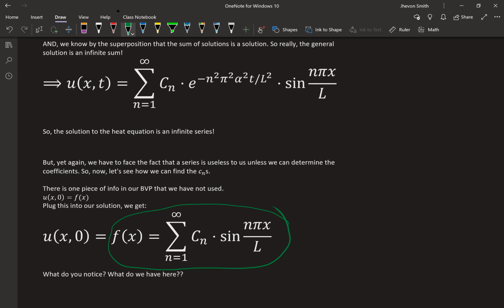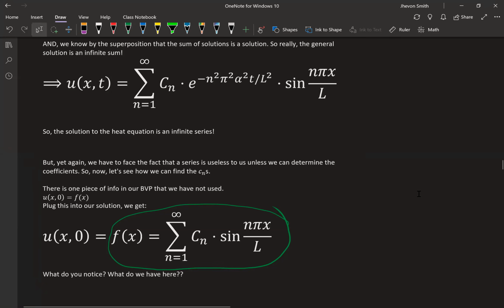Bn for n odd, where are you getting that from? The name of the thing that you're thinking about that has a Bn in it. It's a sine series. It is the Fourier sine series. It turns out that my initial condition can be envisioned as the Fourier sine series representation of the function f of x.